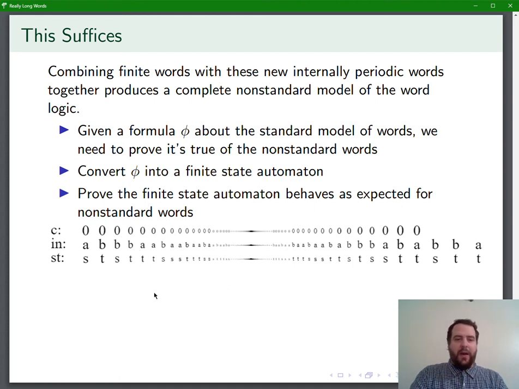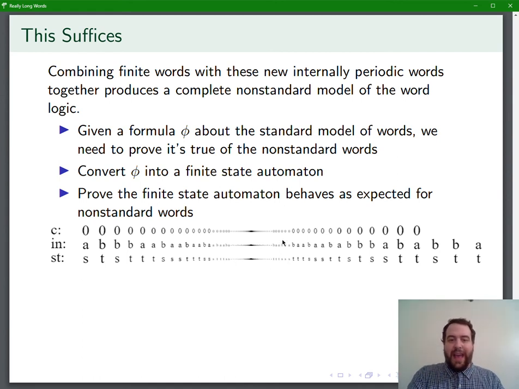And at that point, we might have a little bit of a transition time, but eventually the states of the finite state automaton are also going to become periodic. And not necessarily periodic of the same period as the input. Notice that the periodicity of these states is 6, whereas the periodicity of the input is 3. So it's going to be periodic, but it might have larger period. But it's still going to have finite period because it's a finite state automaton.